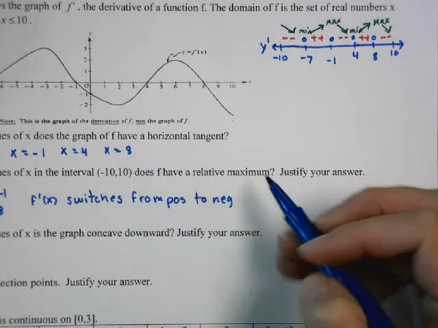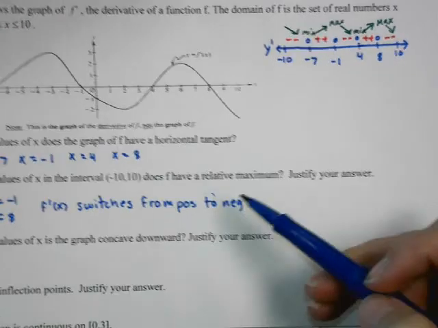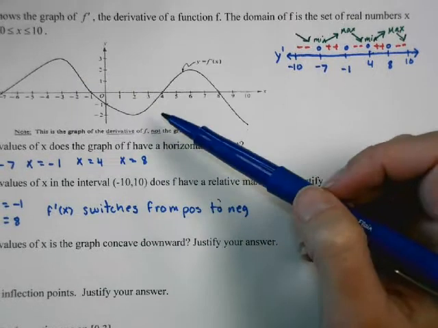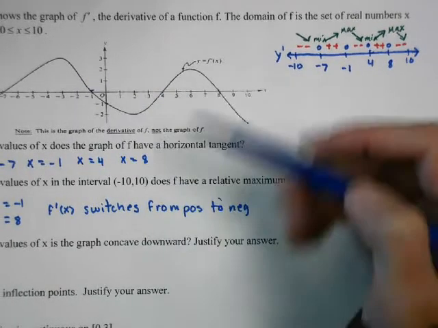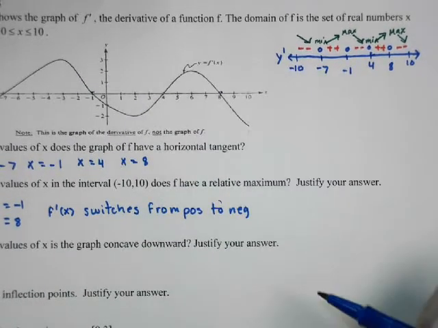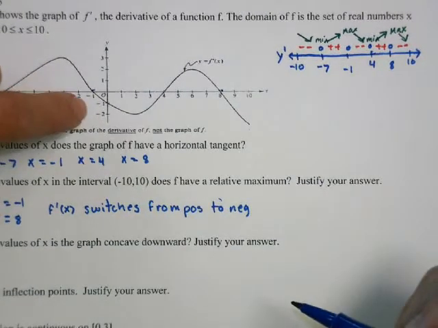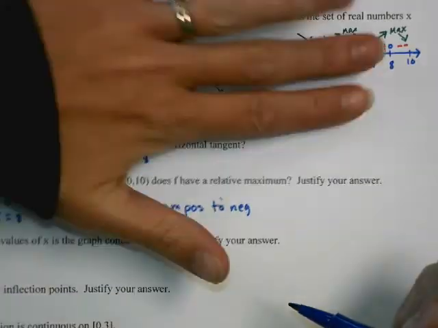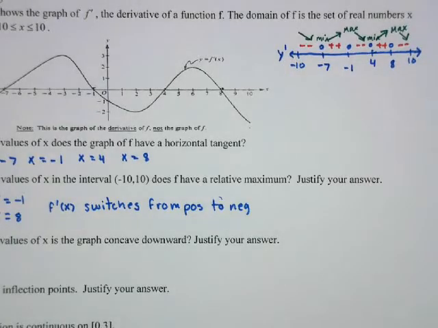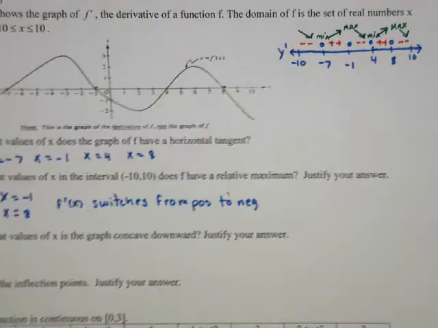Remember, you have to say f prime, and it's switching from positive to negative. Now look at what that looks like on this graph. We're saying that's a maximum and that's a maximum. Again, it's hard to get your brain to think that way. So taking this information and putting it on a number line makes that a lot more accessible.